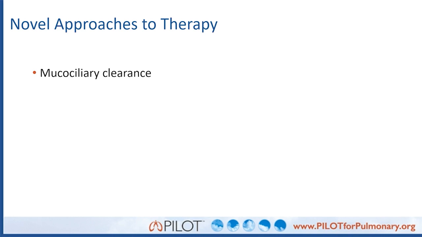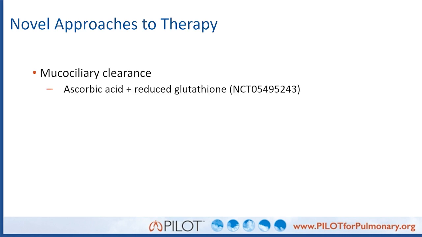So as an example, there are folks who have repurposed some medications and combined them to see if they can do an even better job of trying to improve airway clearance, such as combining ascorbic acid with reduced glutathione. There's another study in the UK looking at hypertonic saline with carbocysteine.